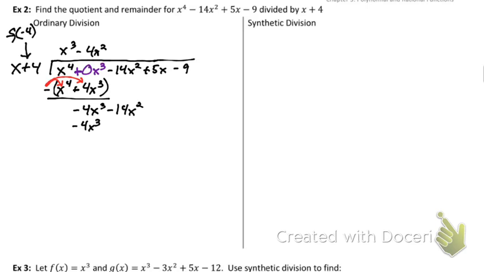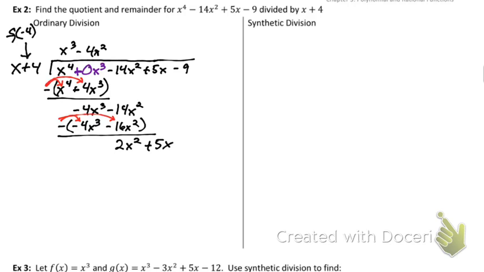Negative 4 times 4 is going to be a negative 16x squared. Don't forget we are subtracting. So that would distribute to both of these. We'd have negative 14x squared minus, well, it actually is plus 16x squared is going to end up being 2x squared. I got to carry down that 5x.